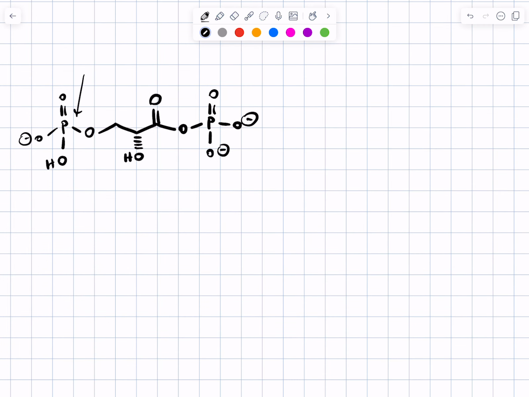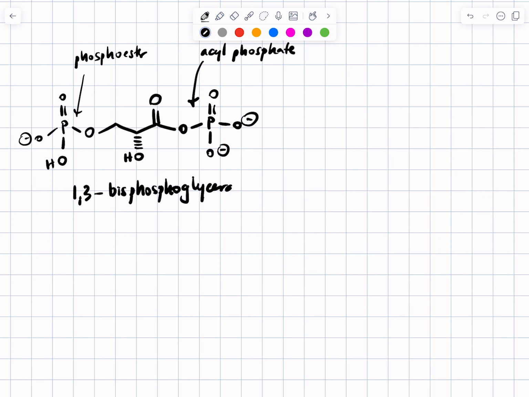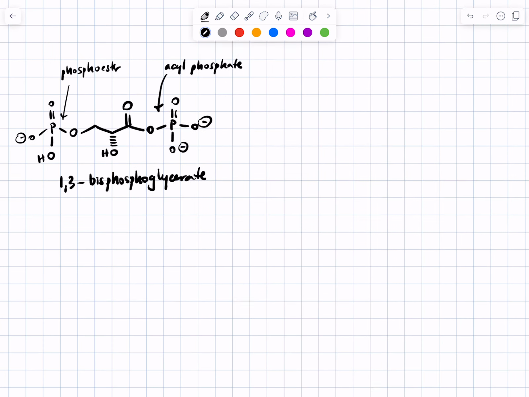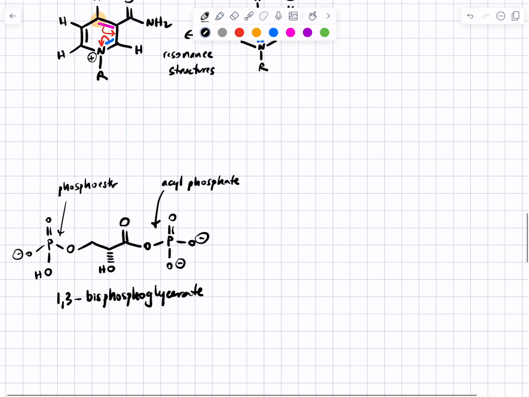This one is a phosphoester and this one is an acyl phosphate. 1,3-bisphosphoglycerate.